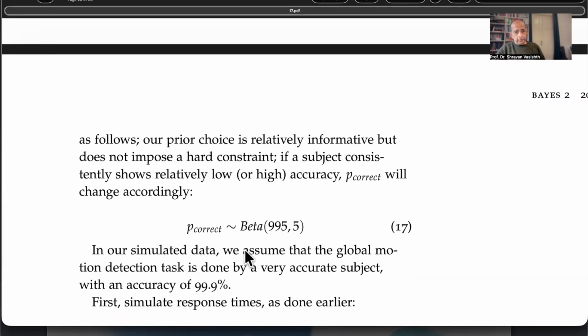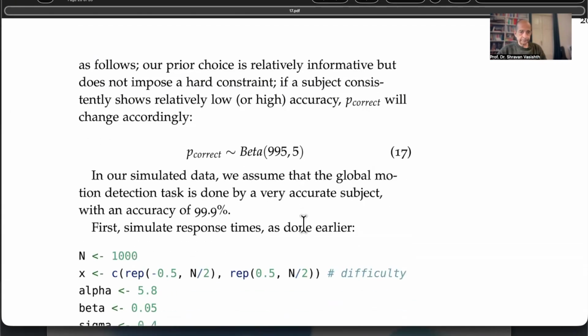And because the researcher believes that there'll be a very high probability of producing a correct response, right? So accordingly, if that's the case, then we will set up a beta prior where most of the probability mass is not exactly at 1, but it's pushed towards the right towards 1.